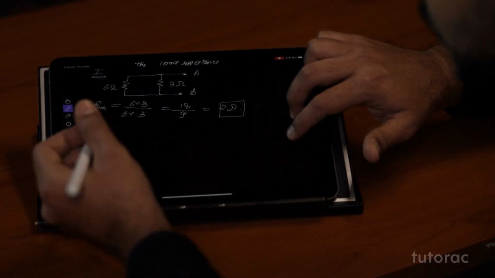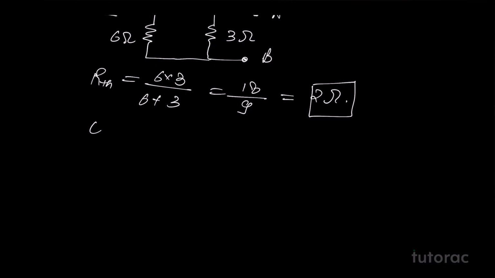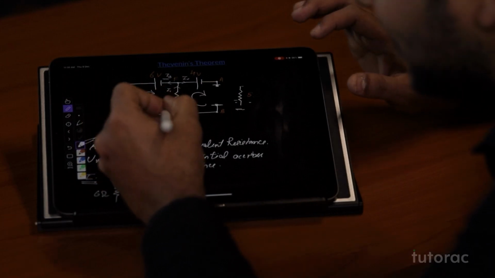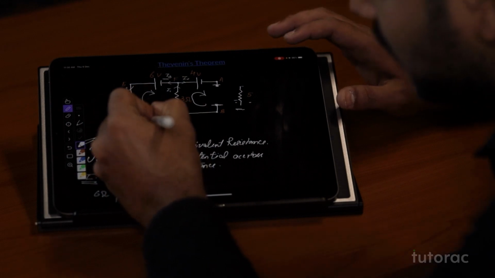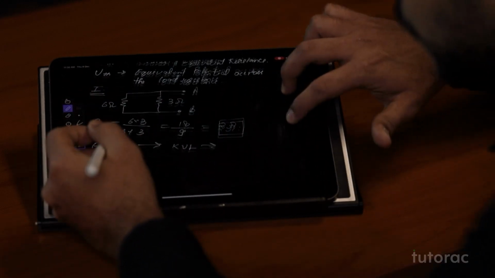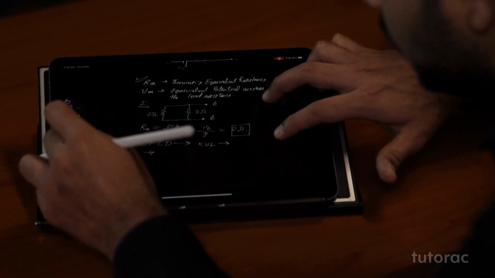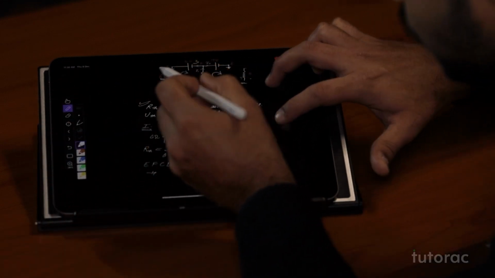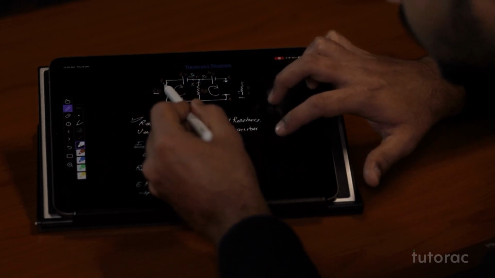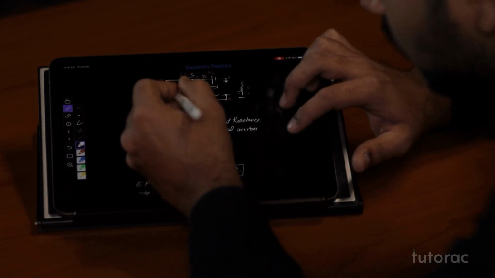Loop EFCD. So let's apply KVL in EFCD. Applying KVL, let's move from C to D. We get a loss of 4 volt, so minus 4. And then here we get again a loss.